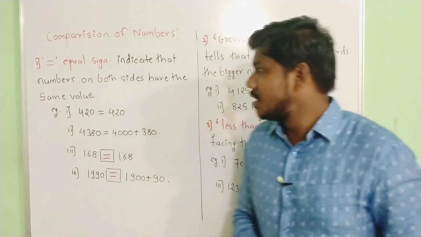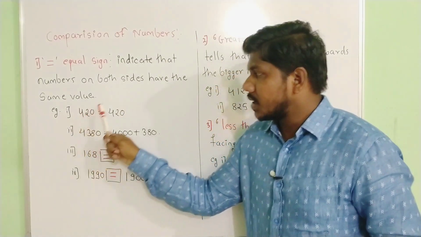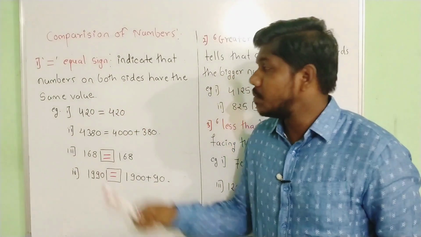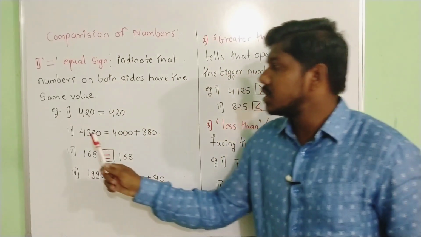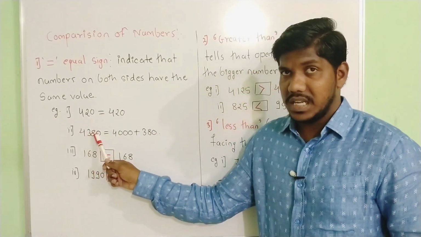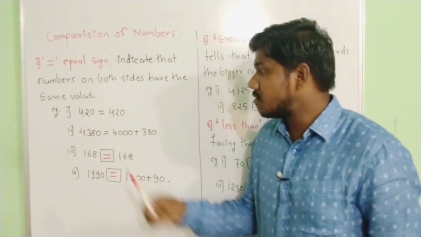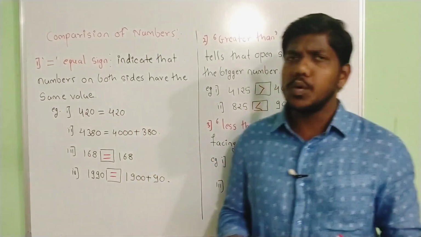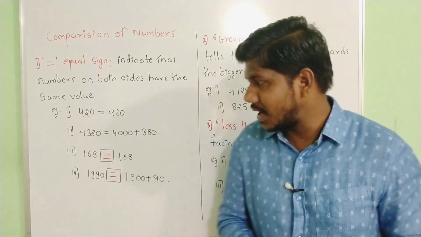Let's see how. So here we have an example. 420 and on the other side also 420, both numbers are the same, therefore we put the equal sign. Next, 4380 and 4000 plus 380. So 4000 plus 380 is equal to 4380. That means both right and left side numbers are the same, therefore we put the equal sign.